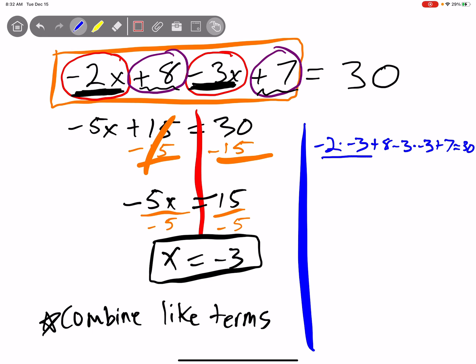Well, negative 2 times negative 3 is 6 plus 8 minus 3 times negative 3, which is negative 9, plus 7, and all that equals 30.